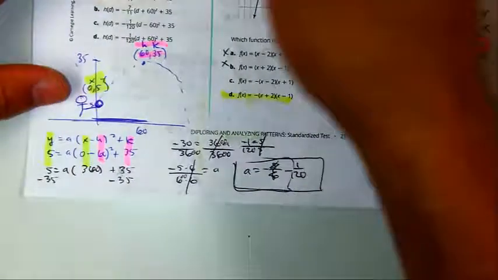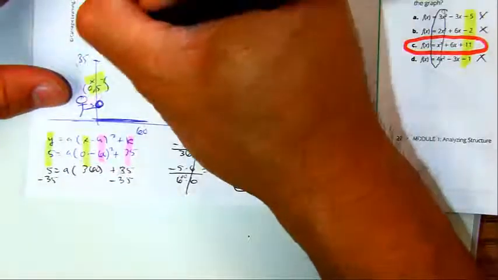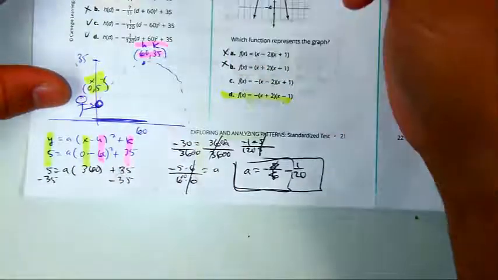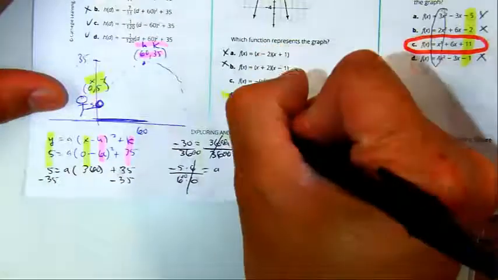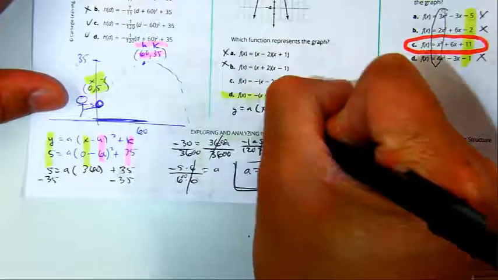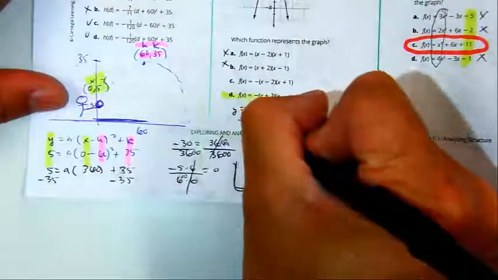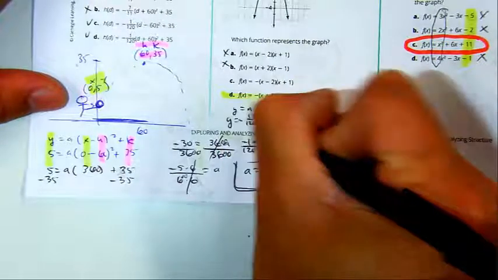Negative 120 is C and D. A and B are wrong. And then I need a, so you can just write a formula: a times x minus h squared plus k. So a value is negative 120. You leave your y's and your x's.